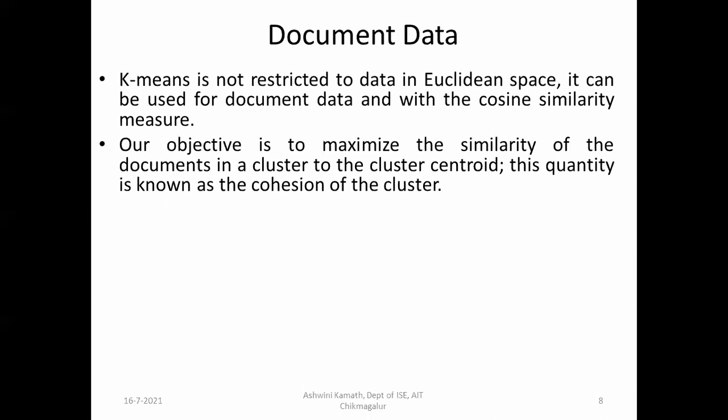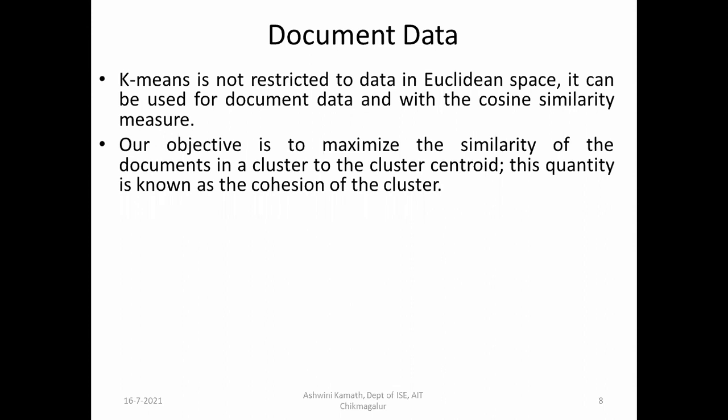Our objective is to maximize the similarity of the documents in a cluster to the cluster centroid. So here we have to find one centroid, and then maximize the similarity. If one document is the centroid, we have to compare other documents with this centroid.